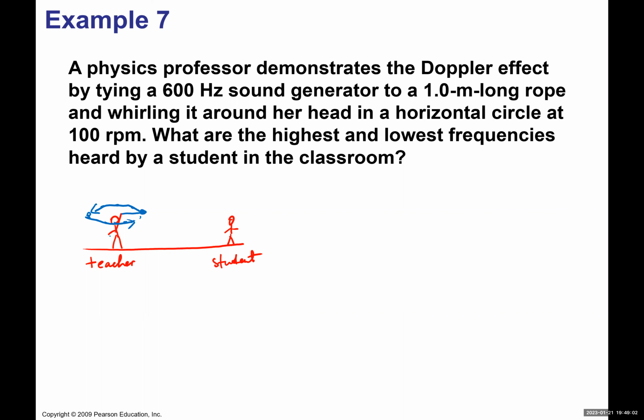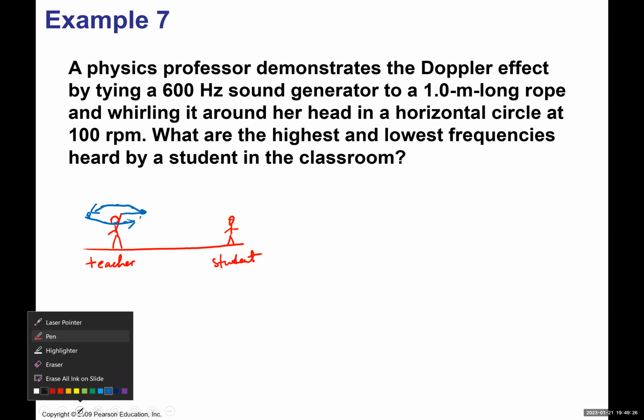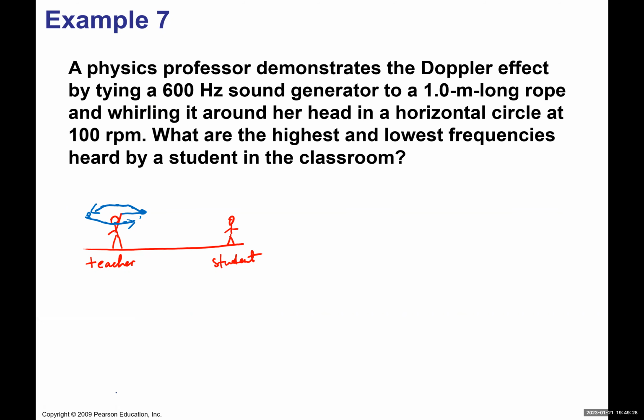But if the student sees the generator moving toward or away from them, then that's when you hear the Doppler effect, the apparent frequency change. So we can assume that you have two scenarios, one moving away and the other moving toward the student, and we can use those two scenarios and calculate.